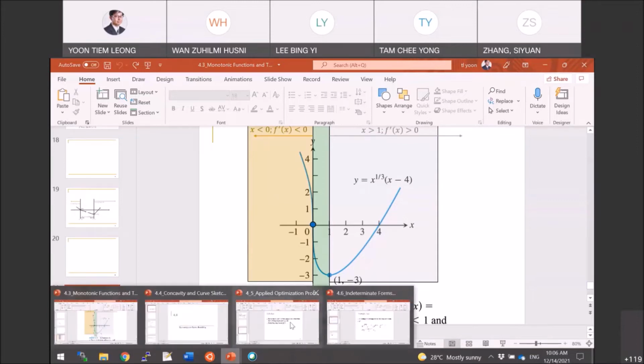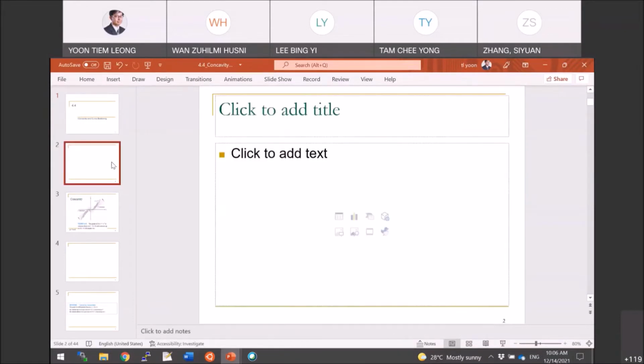But as I mentioned yesterday, if you have a graph, there are two ways the graph can change. If you know the graph is increasing in a region, it may not be enough for you to sketch the graph correctly, because your graph could be going up in this manner.